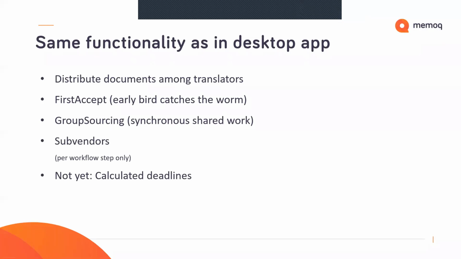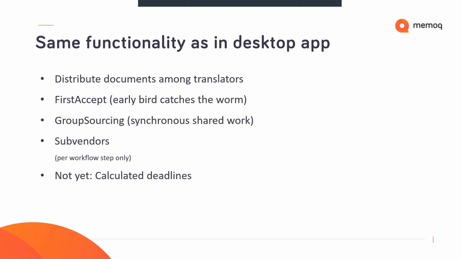There is the first accept, where you assign a document to a bunch of users, for example a bunch of translators, and the one that accepts it first will get the assignment.